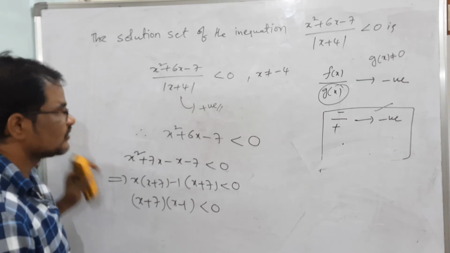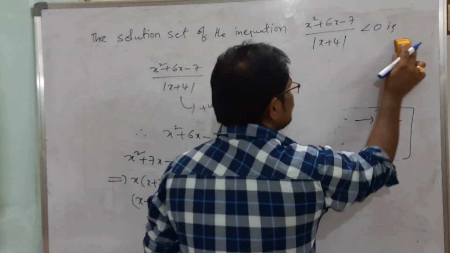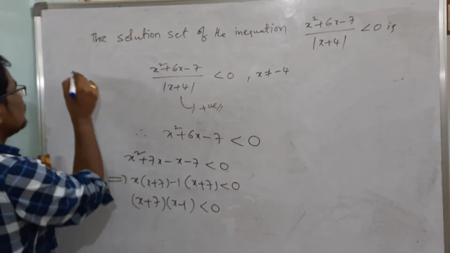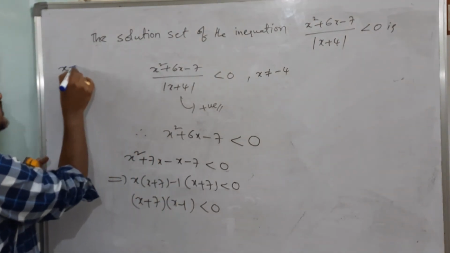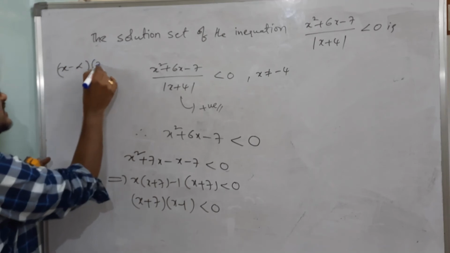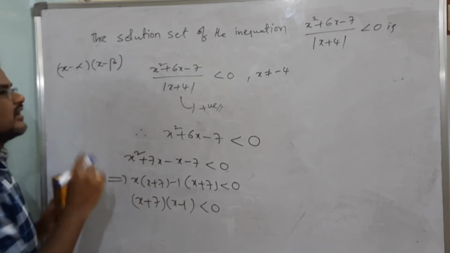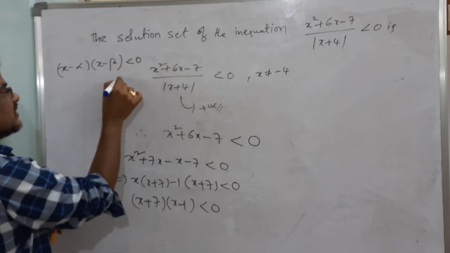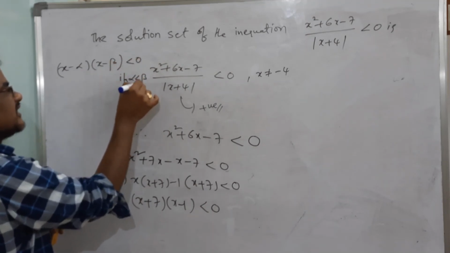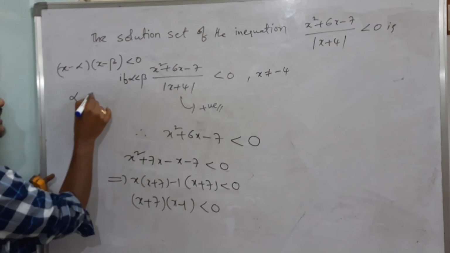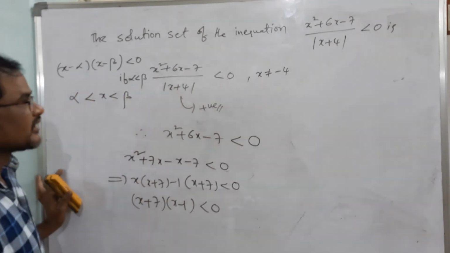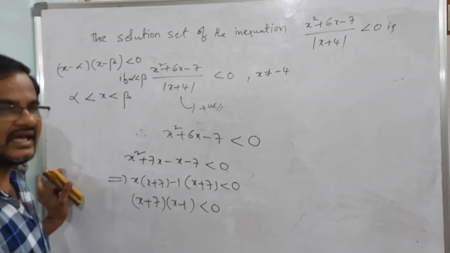Okay? So here there are two methods to solve this problem. Whenever you get a quadratic expression like x minus alpha, x minus beta less than 0, where alpha is less than beta, you can simply write alpha less than x less than beta.